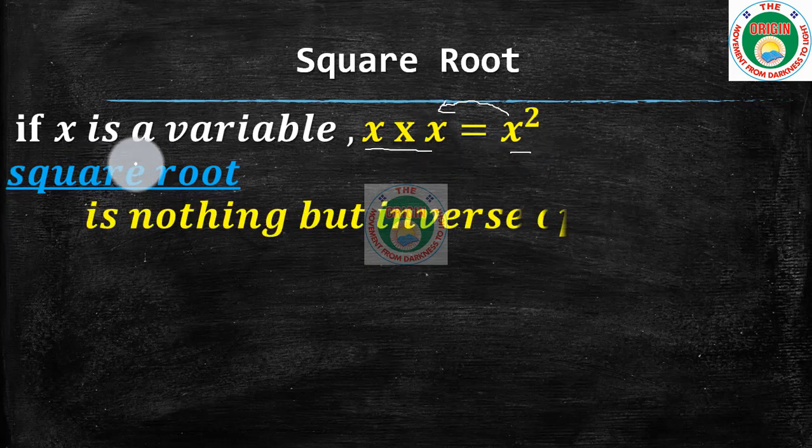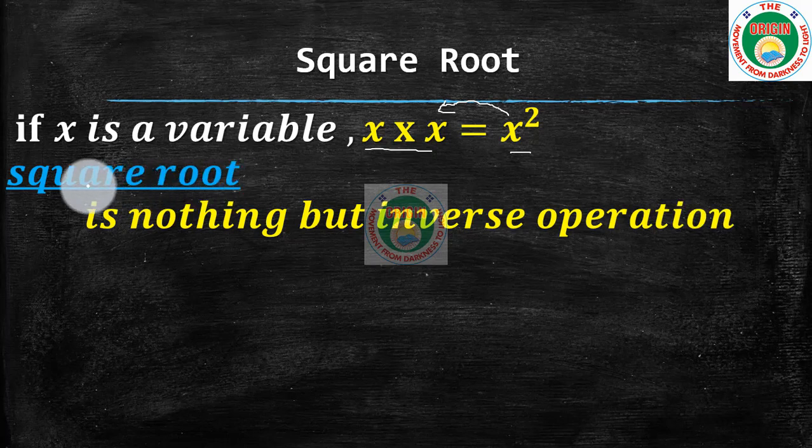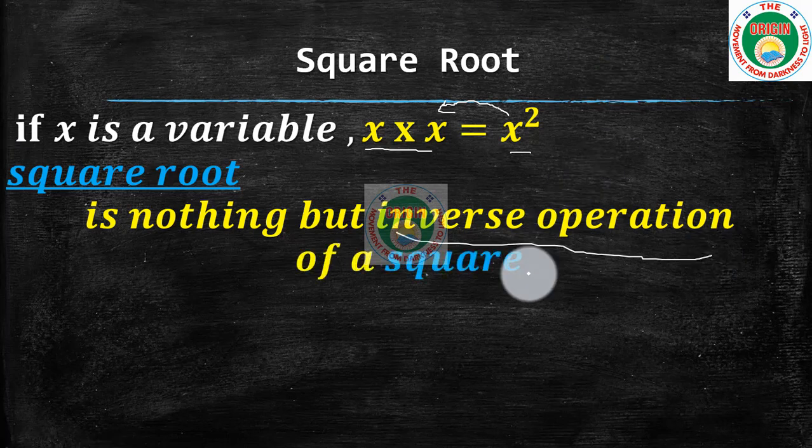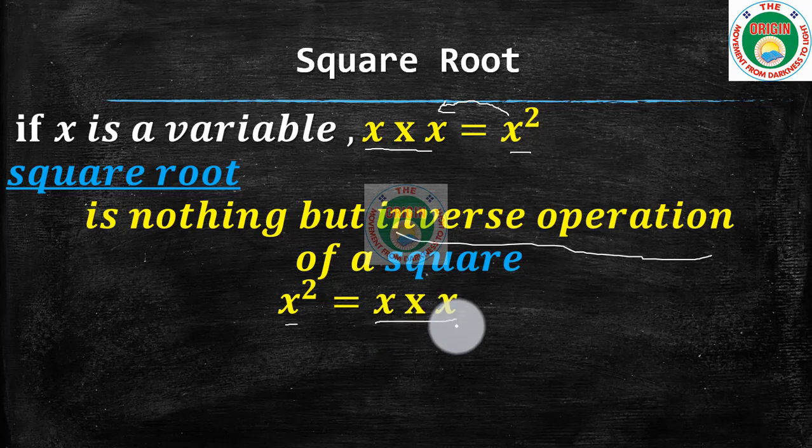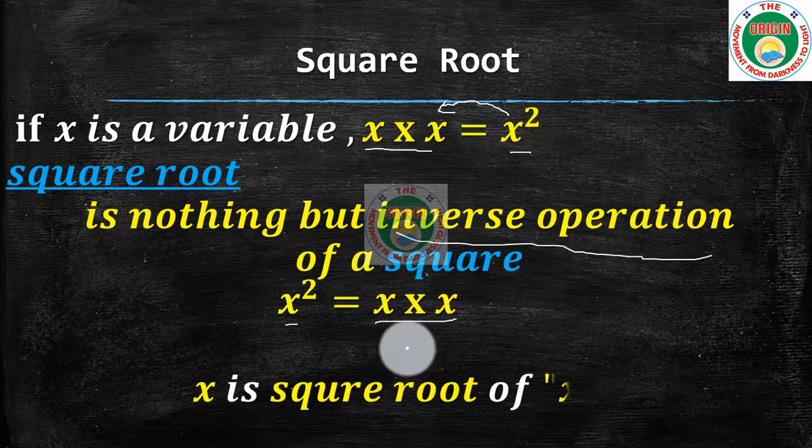Inverse operation means, if you multiply x 2 times, we get x square. Here x is the square root of x square, and x square is the square of x.